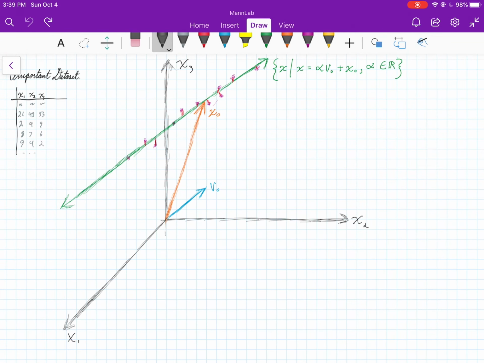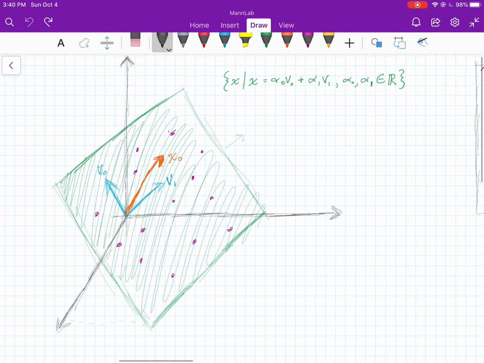If we were to tell our friend, here is the value of x0 and here's the value of v0, I'm just going to tell you the alpha values, and that's how you're going to be able to tell the location of these points, then I could give my friend just one number, that alpha number, to communicate where all of these points are in 3D space. That is an example of dimensionality reduction. I was able to reduce the dimensionality of the data from 3 dimensions to 1 dimension.